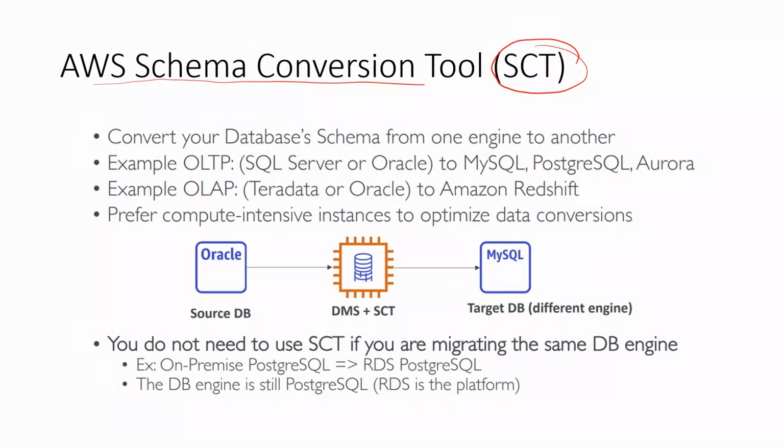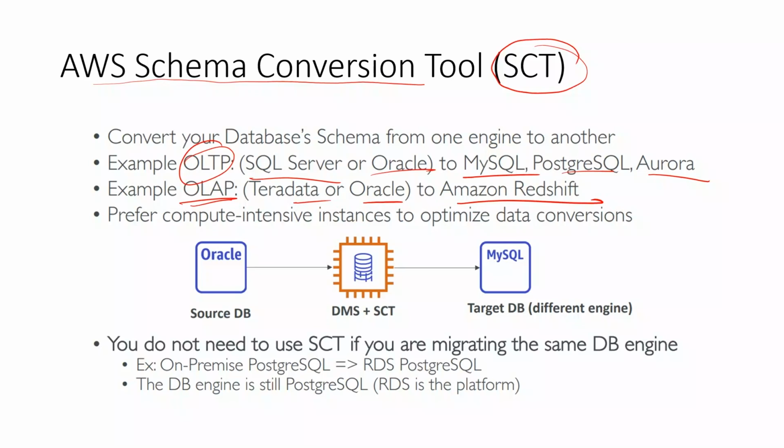So what will happen? You are converting from an OLTP server like SQL Server or Oracle to MySQL, PostgreSQL, or Aurora, or from MySQL or PostgreSQL to SQL Server or Oracle, right? So you have a different source and a different destination. And if you are converting to an OLAP database, like from Teradata or Oracle to Amazon Redshift, what happens in this case?